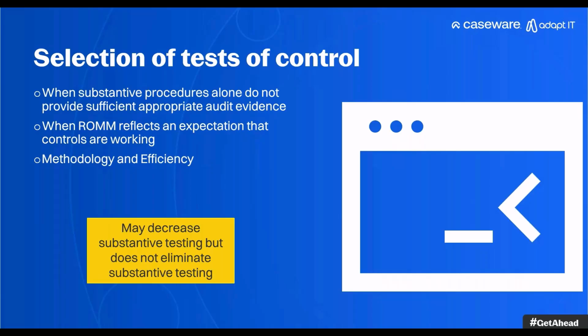Well, you cannot test that through substantive procedures alone. You will sit there for 100 years and still not have audited 1 year. It's just not possible to do it through substantive procedures alone. To prove it, we have to rely on controls to be operating effectively. And so because we have to rely on controls, we have to test the operating effectiveness of those controls. So that's the one example.